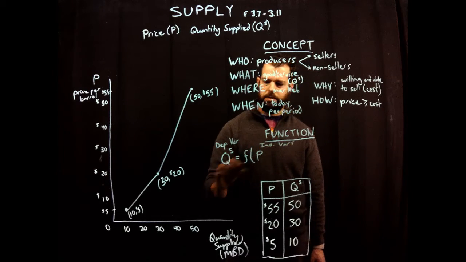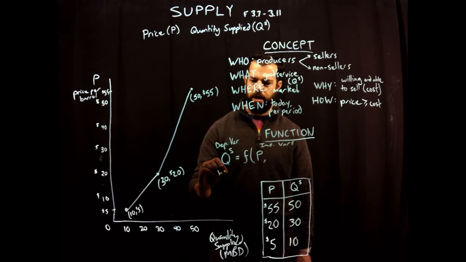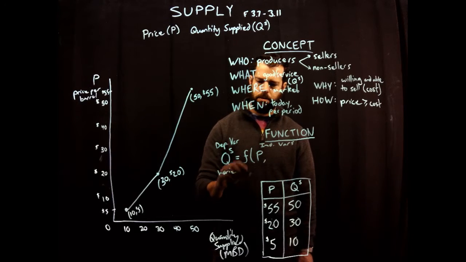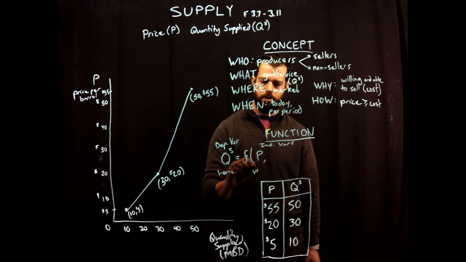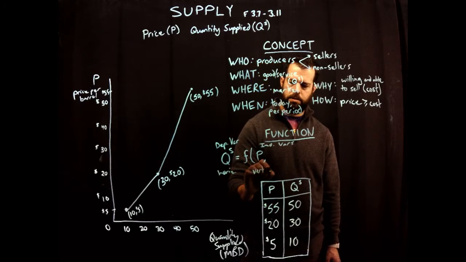Price is one of them. We've already established that this is on the horizontal axis, and that this is on the vertical axis. Everything else is going to make the supply curve shift.